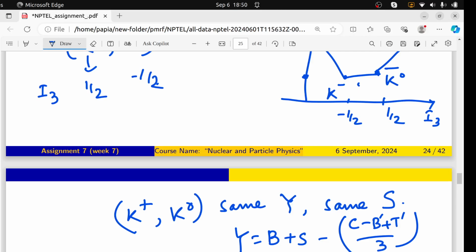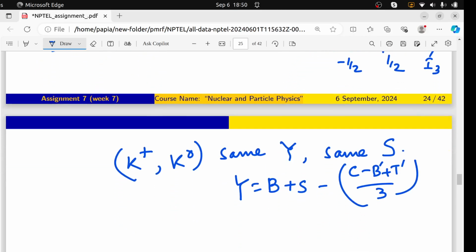So Y will be simply B plus S. Kaon, pion, whatever meson we consider, mesons are not baryons, so the baryon number will be 0 for this case. So Y will be simply S.